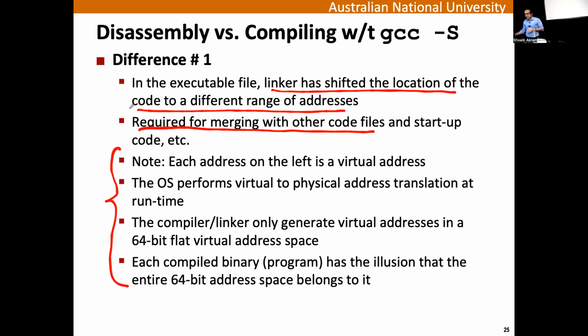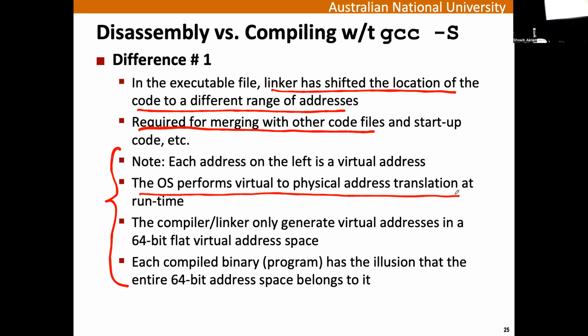At some point in the future, when the executable actually runs, the operating system does the virtual to physical address translation. The physical hardware, the physical memory chips, are not visible to the linker.